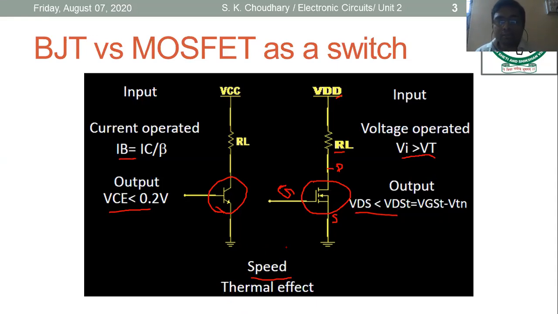Anyone remember? Anyone? Out of BJT and MOSFET, which has the highest switching speed? The MOSFET has a higher switching speed than the BJT.